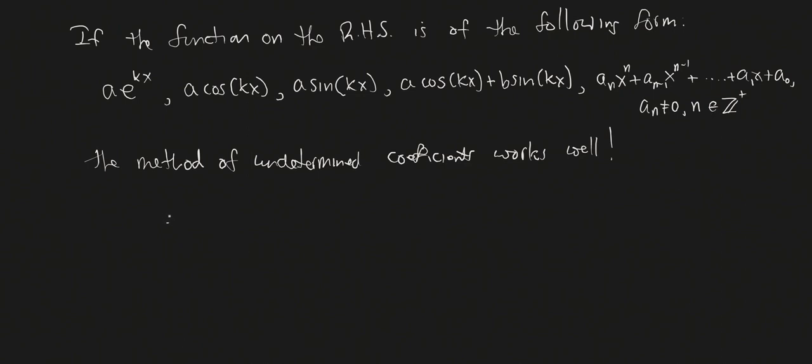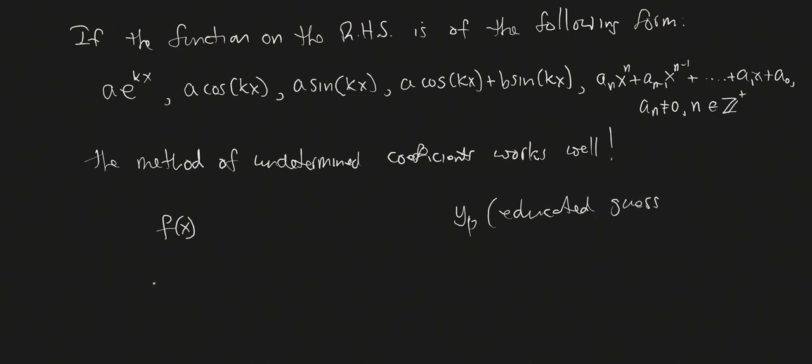I can never remember which letter I use on the right-hand side because there are so many different forms. But let's say it's f of x. And then over here, I'll just say my y sub p, and then I'll put in parentheses educated guess.